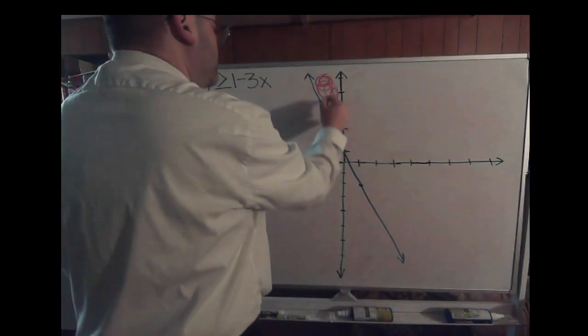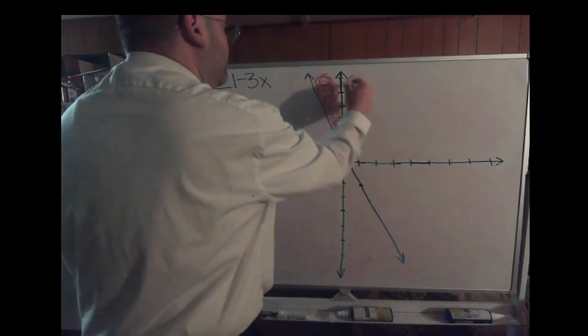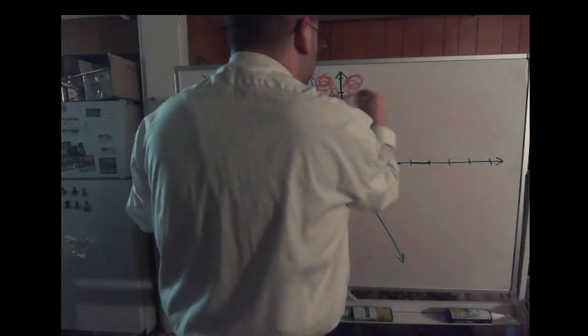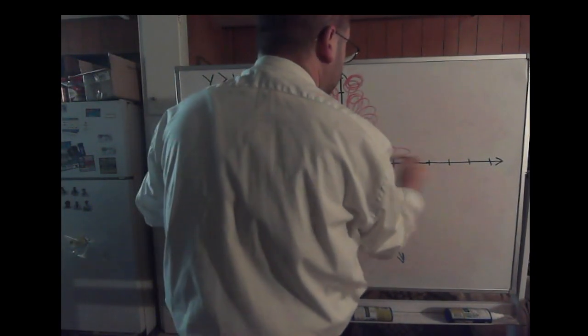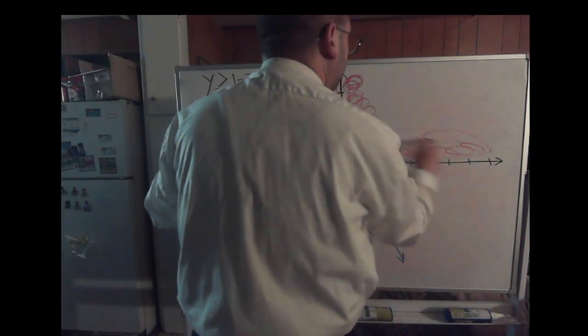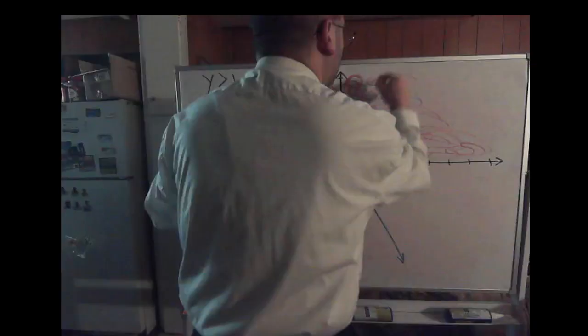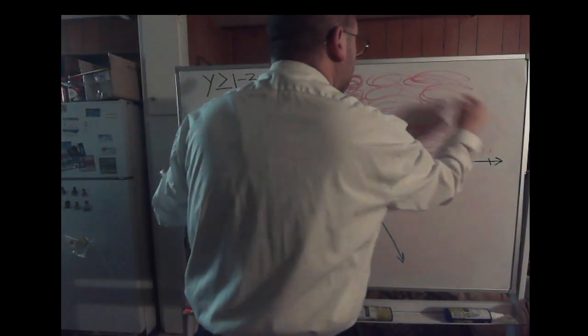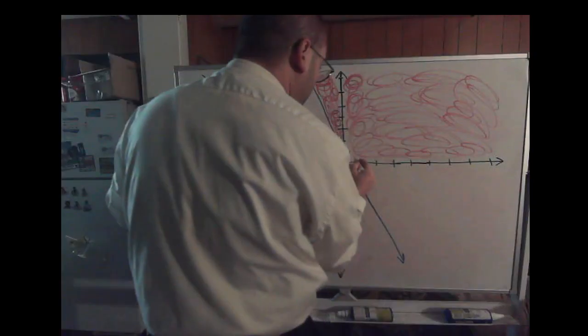But you're just going to shade everything to the right of it, or technically above it still. So yes, I'm shading all this just to illustrate what it's going to look like for your solution set, because it's also everything above the line.